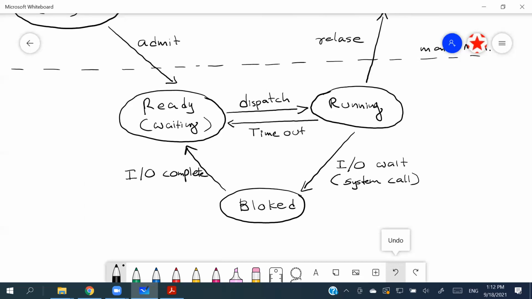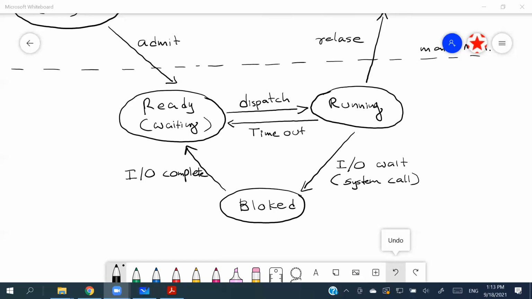When input output is completed, the blocked state will be changed into the state ready, and will not be changed to running at once. It will change to ready. Later that ready state can be changed into running and will be given the chance to run inside the CPU. Okay.